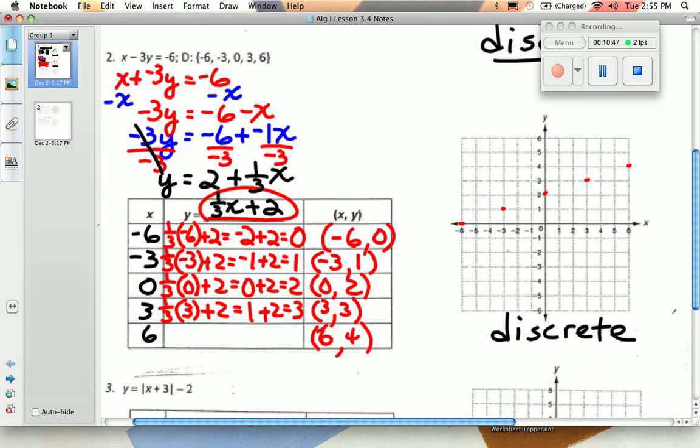The range. So what's our range? Actually the same range the last one had, right? Okay.